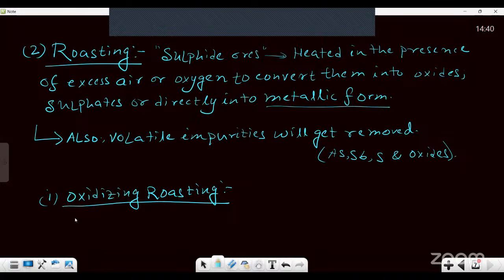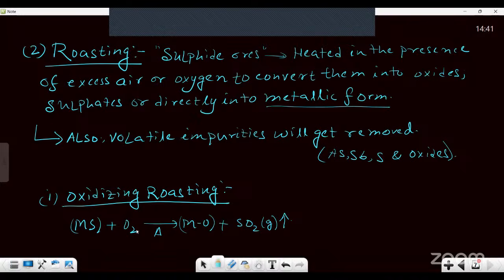Let us take an example. You have sulfide ores, heated in the presence of excess air or oxygen. You have the metal sulfide and you are heating it in the presence of oxygen, so it will simply get converted to metal oxide, and you will get sulfur dioxide gas.